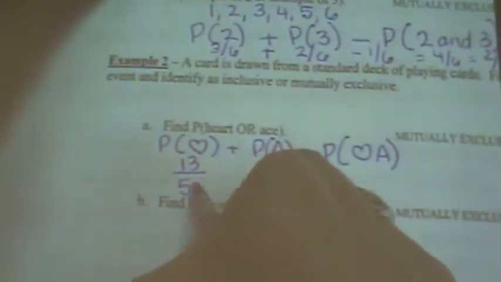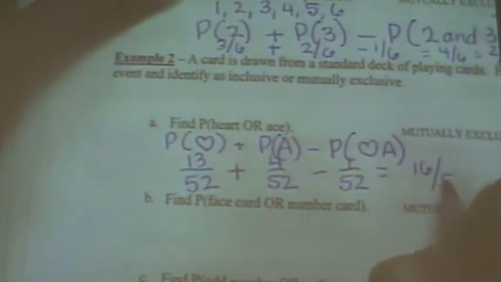So this is going to be 13 out of 52. How many are aces? 4. And how many are ace of hearts? Only 1. What do you get here? 16 out of 52, and make sure you reduce it to 4/13.